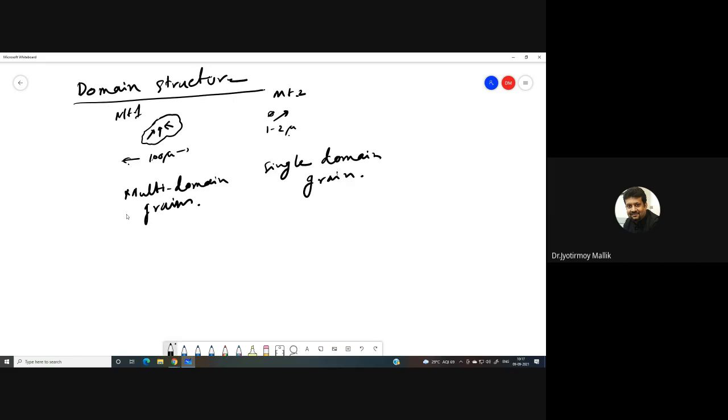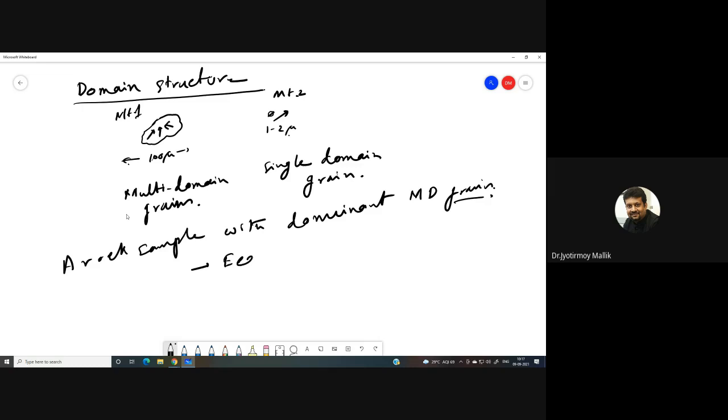Now remember, if a rock sample has dominantly multi-domain grains, MD grains, it is very easy to magnetize that sample, and also very easy to demagnetize.